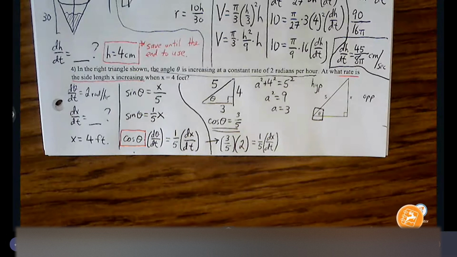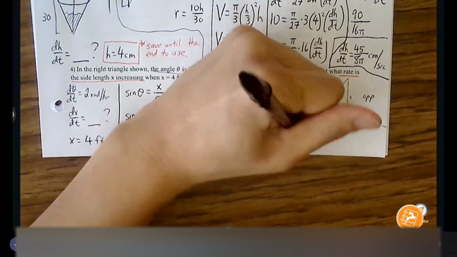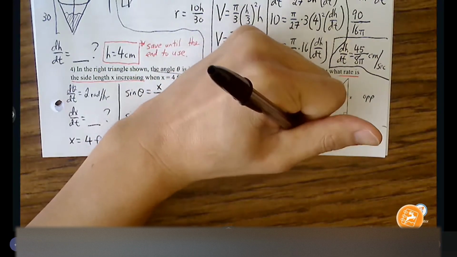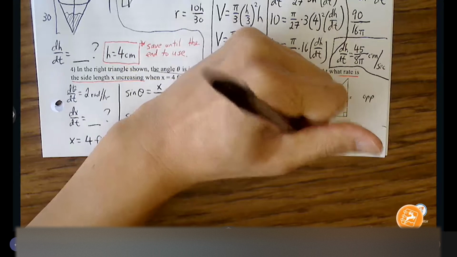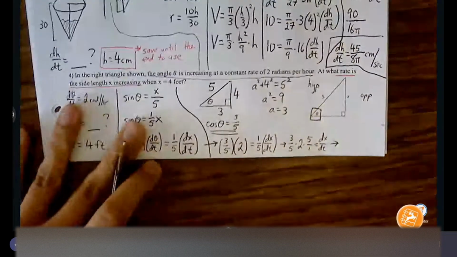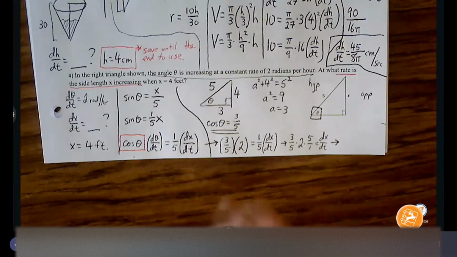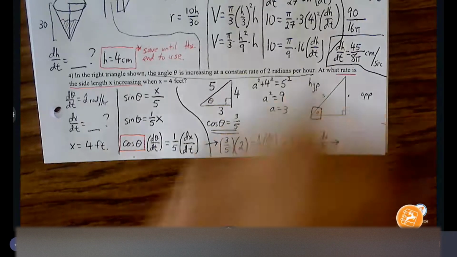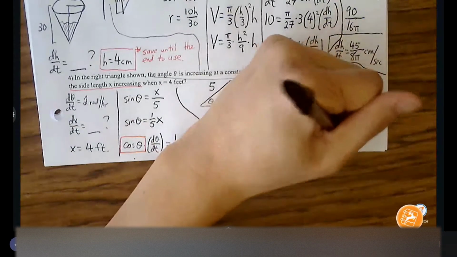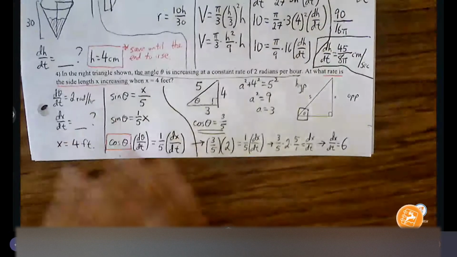If I multiply both sides by 5, I can move that 1/5 over to the right side. 3/5 times 2 times 5, I can multiply that, divide by 5, I get 30 over 5, which is 6. I need to look for my units of measure here.